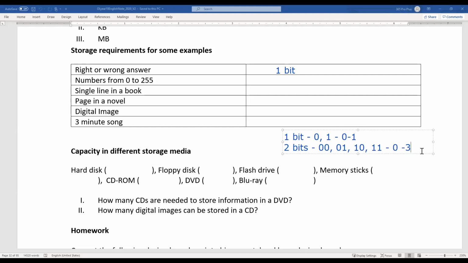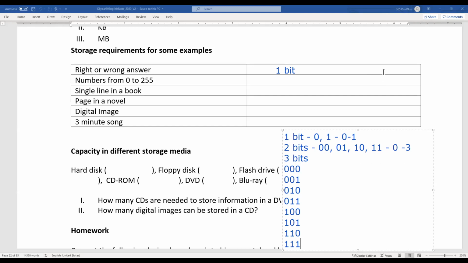So likewise, if you have 3 bits, then the values will be 000, 001, 010, 011, 100, 101, 110, 111.